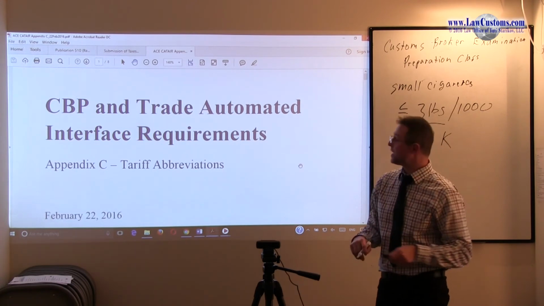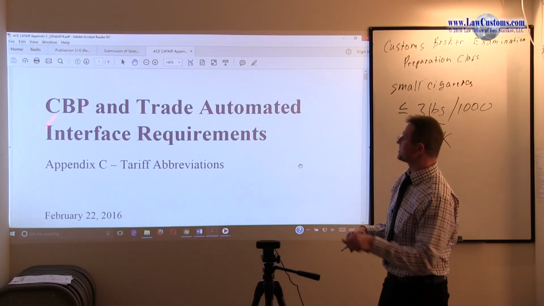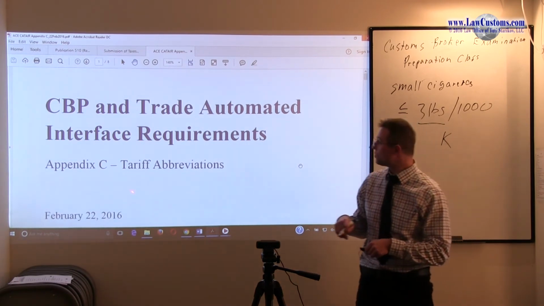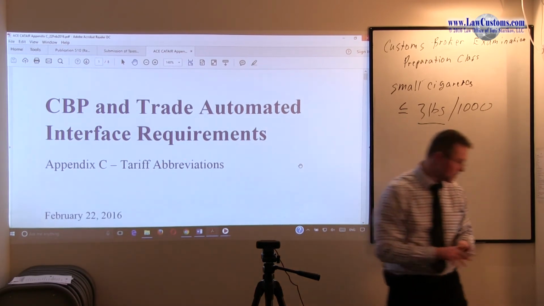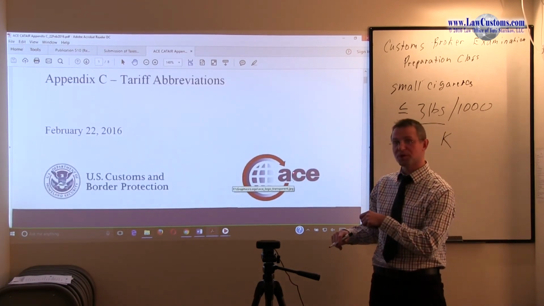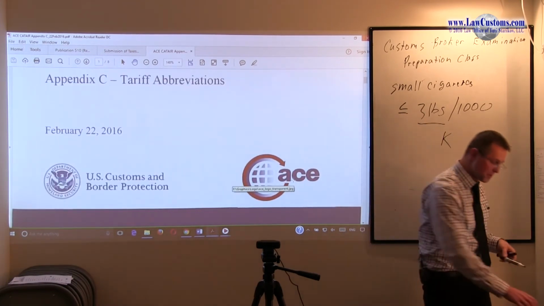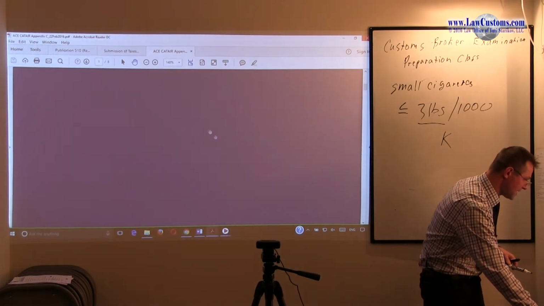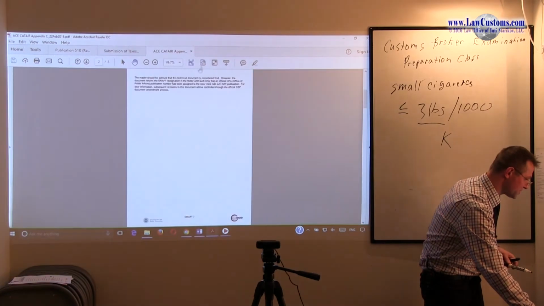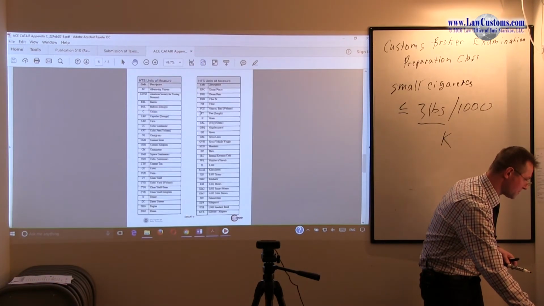Appendix C, tariff abbreviations, CBP and trade. It's also part of CATER, although now it applies to, I believe, ACE, the Automated Commercial Environment, not the Automated Commercial System, also known as ACS. That table pretty much lists all the abbreviations which are necessary and can come up on the exam.